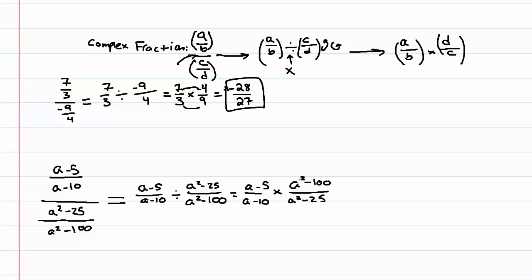Now from here, we want to factor these two polynomials. And we know that we'll have conjugate terms because this is a perfect square in the form of a squared minus a number squared. And we'll do the same for the denominator.